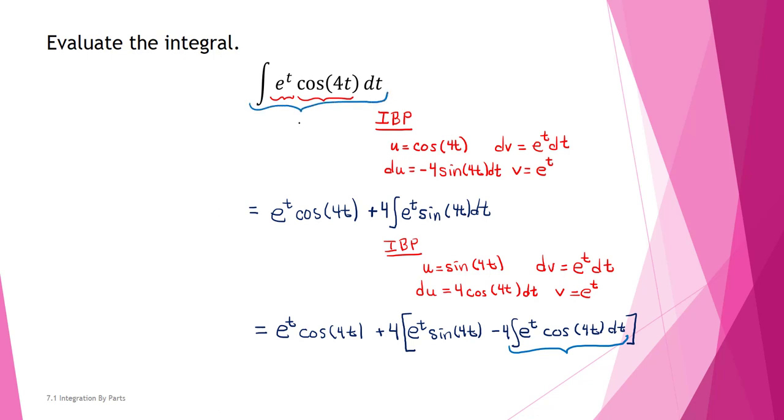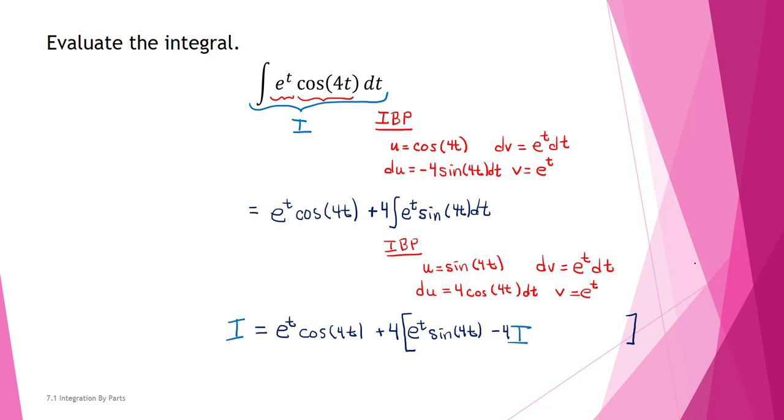Okay. Let's call this integral I for integral. Then we really have an equation that says I equals e to the t cosine 4t plus 4 times e to the t sine of 4t minus 4I. Okay.